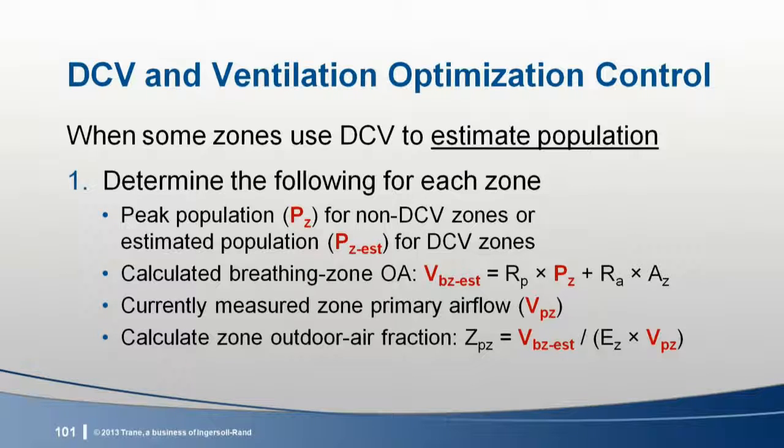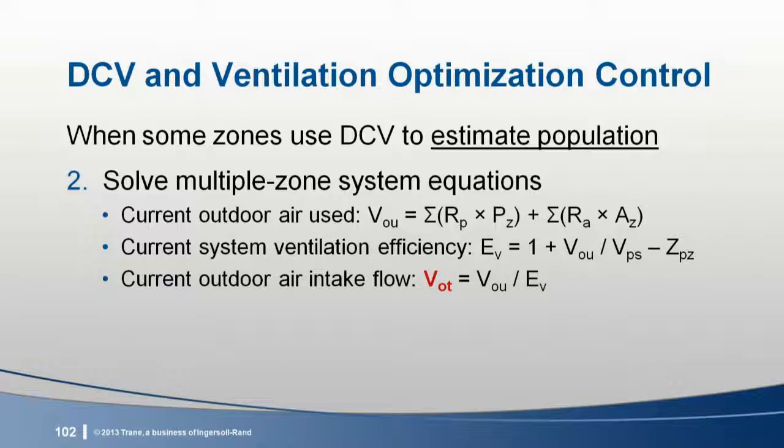Use design population in zones without demand control and estimated population in demand control zones to find estimated breathing zone outdoor airflow. Use measured primary airflow for each zone and the estimated breathing zone rate to find the outdoor air fraction. Then at the system level, using current information from the zones, solve the multiple zone system equations to find the outdoor air intake flow currently required.